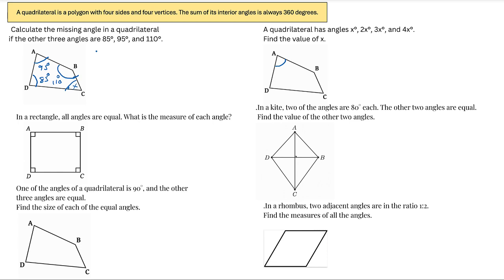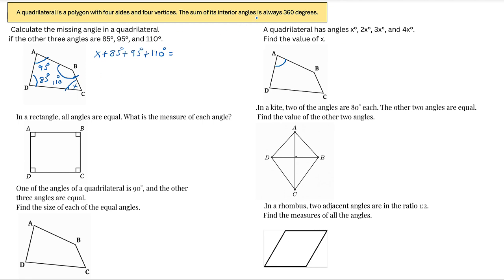This will help you build up your algebra skills in other topics. So I'm going to get X plus 85 plus 95 plus 110. These are all degrees, by the way. Equals, what does it all equal?